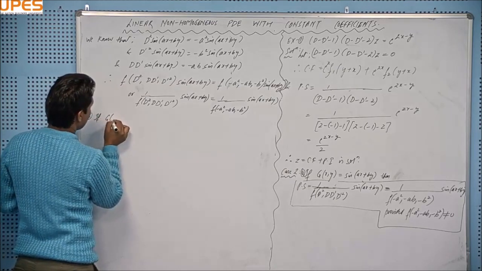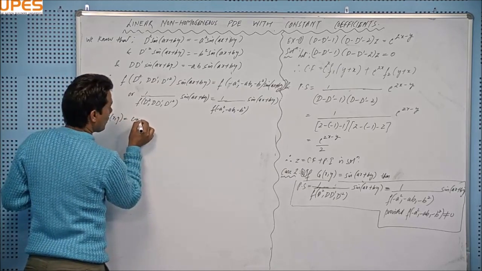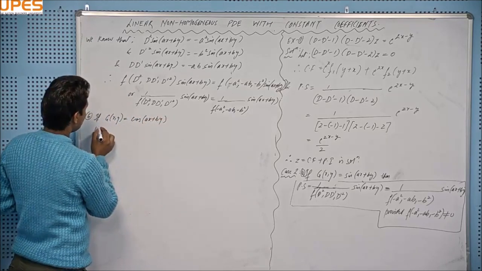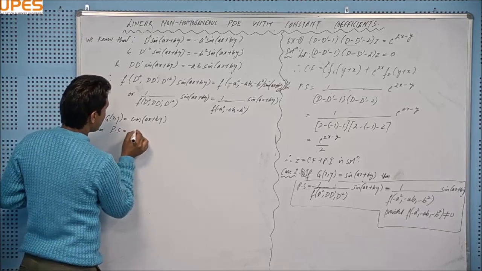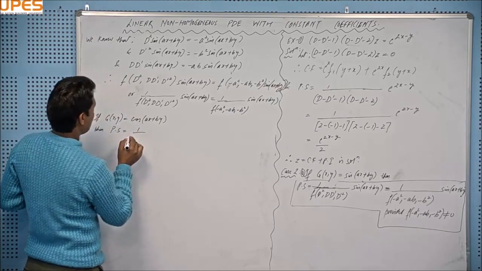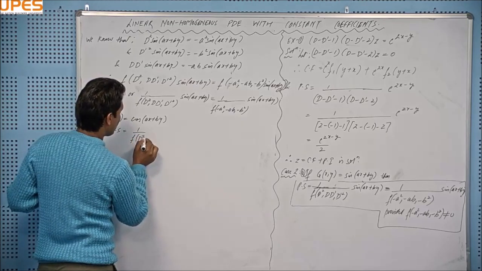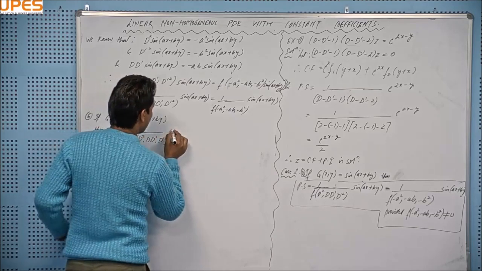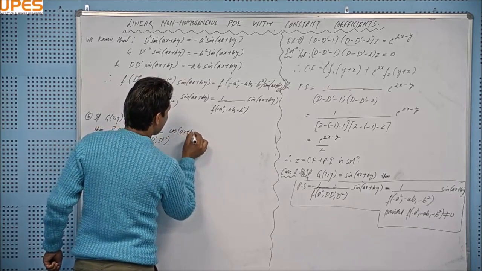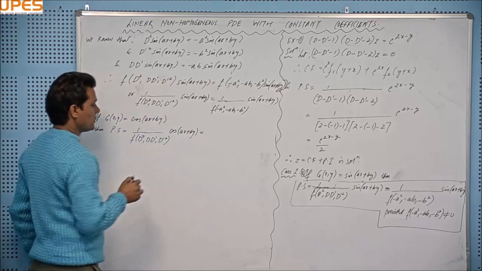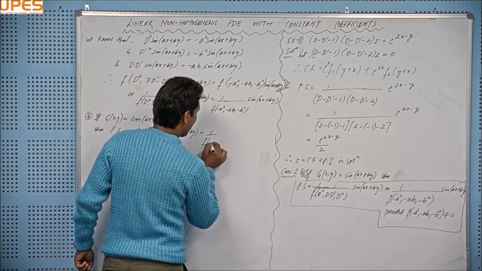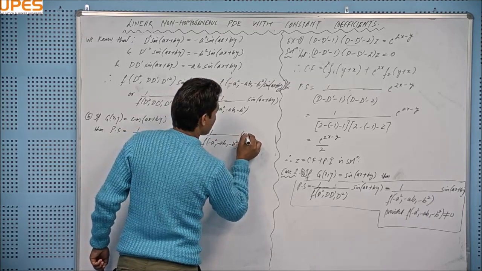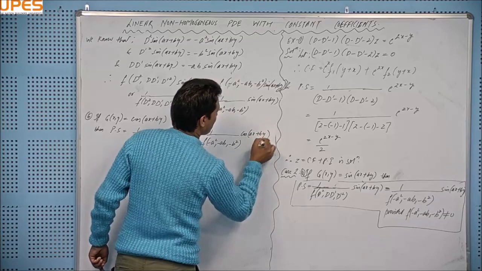If g(x,y) is cos of ax plus by, then the particular solution is equal to 1 over f of D square, D D dash, D dash square, cos ax plus by, and the answer is 1 upon f of minus a square, minus ab, minus b square, cos ax plus by, right?